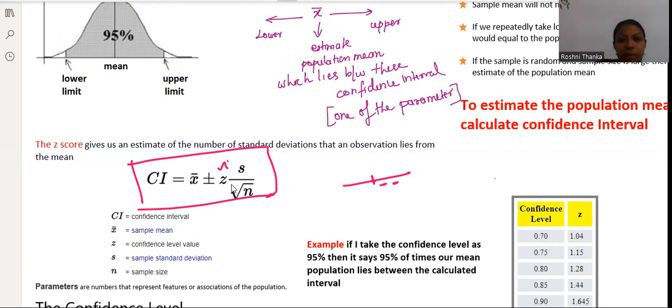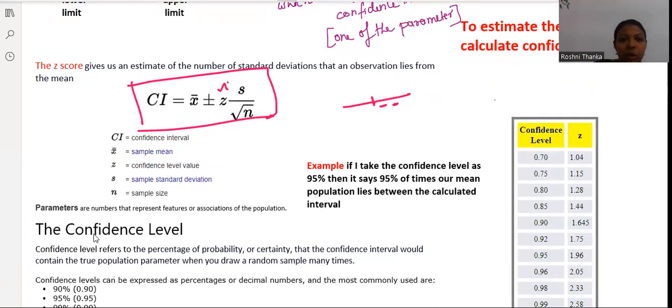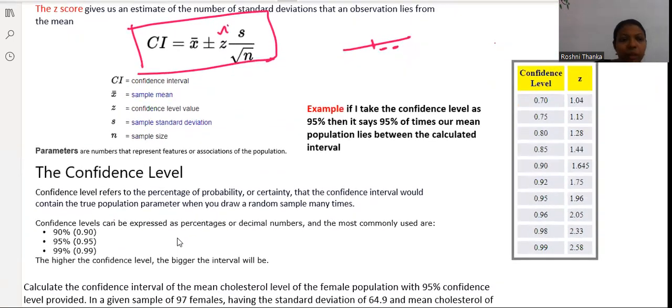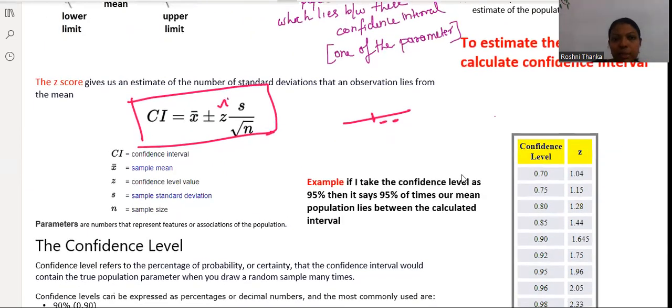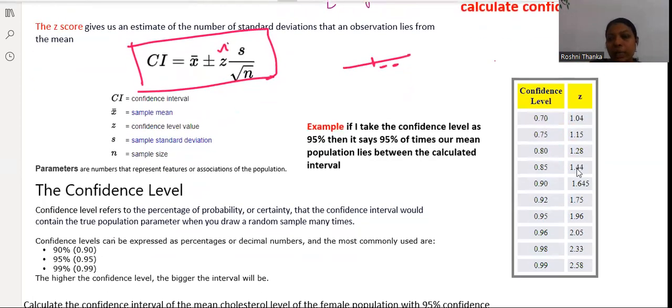To find the z value, we will use a thing called the confidence level. Generally, the most popularly used confidence levels are 90%, 95%, or 99%. So if the confidence level is 95%, then what is the z score value? The z score value is an estimate of the number of standard deviations from the mean. To calculate it, we have a formula. I'll show you that. So what does this confidence level mean?